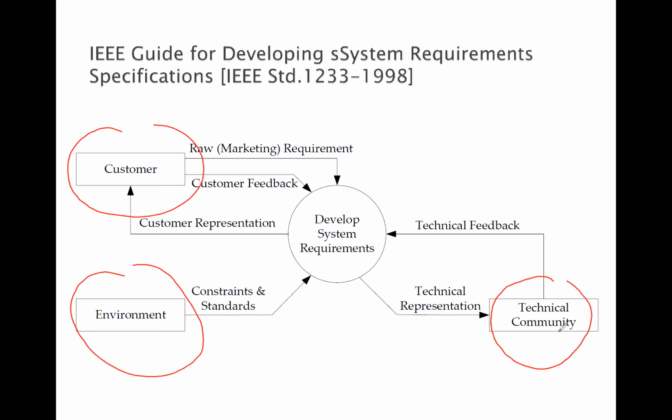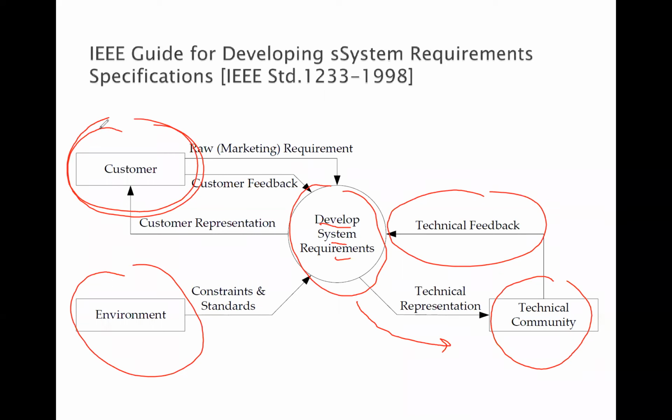The technical committee provides technical feedback to develop system requirements. There are representatives in this system requirement team, and feedback may come from here, which is then discussed by the technical committee engineers, and then technical feedback is provided to develop the system requirements.